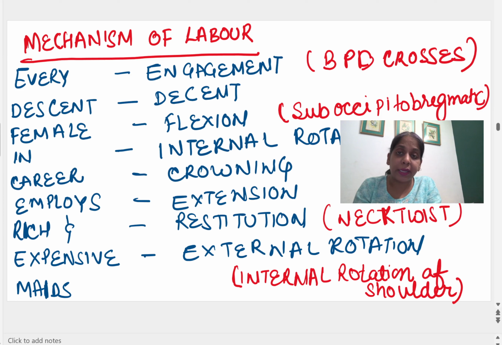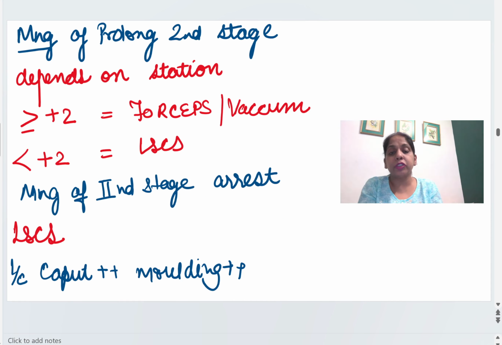E stands for engagement, decent for descent, female for flexion, in for internal rotation, career for crowning, employs for extension, rich for restitution, and expensive for external rotation, and for maids it is nothing.